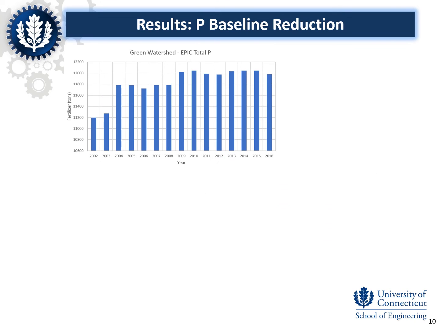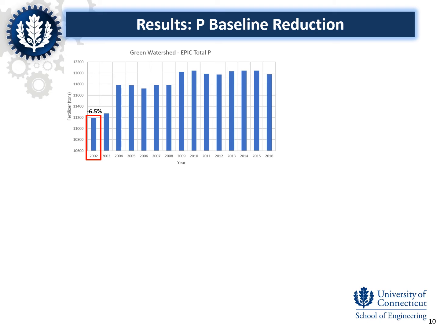We followed the same idea for the phosphorus reduction scenario, and saw that EPIC phosphorus fertilizer applications seemed to be increasing over time for the green watershed. And we also identified that 2002 was the year with the lowest phosphorus fertilizer applied. In this case, 2002 phosphorus fertilizer applications were 6.5% lower than in 2016.